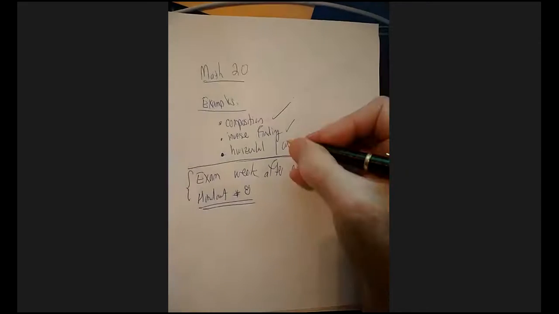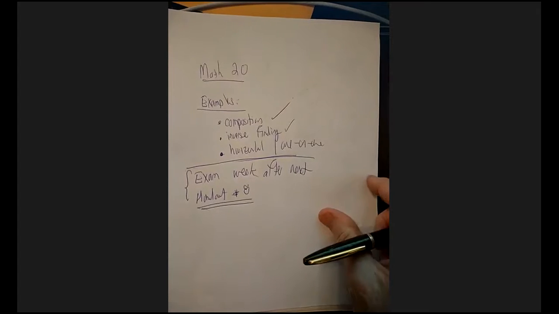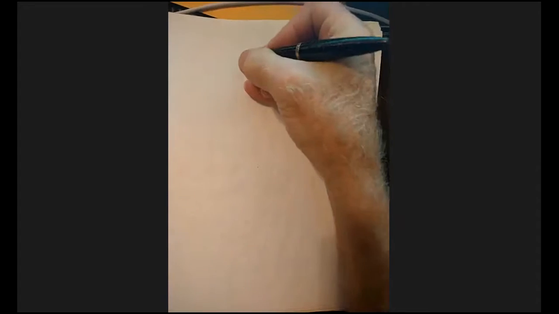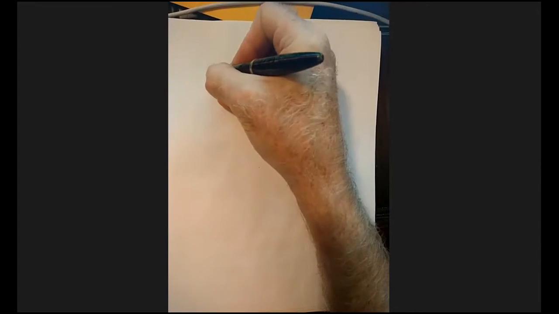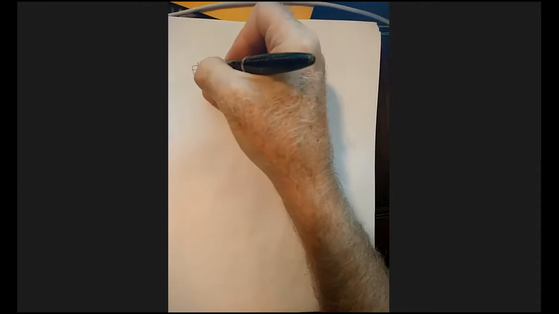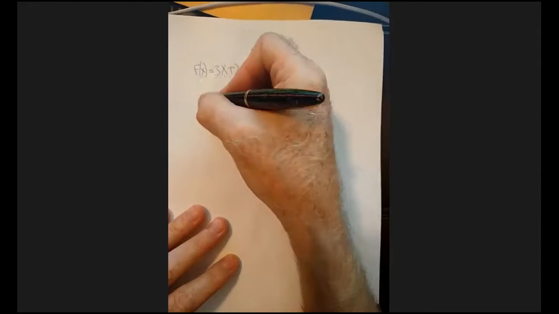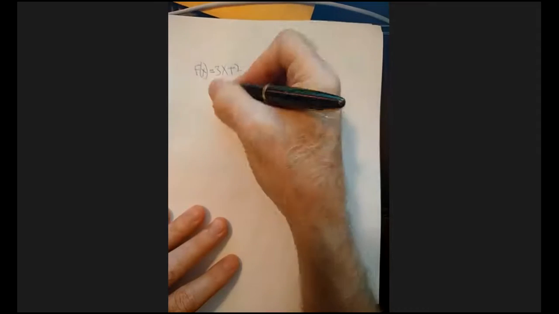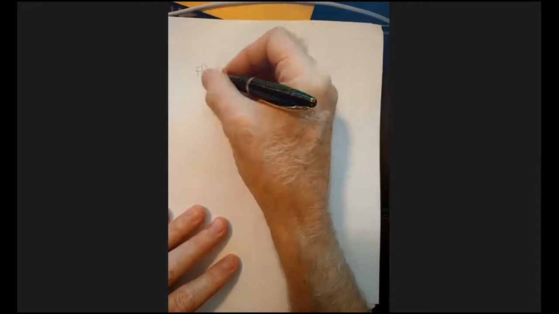So the next thing I'm going to talk about is inverse finding. So I'll do an example of an inverse. I'm going to look at just a linear function because it's nice and simple. So what you do here, I'm going to go over what this operation is.